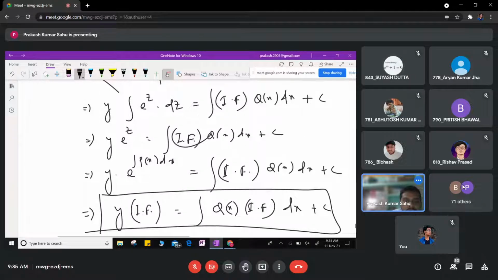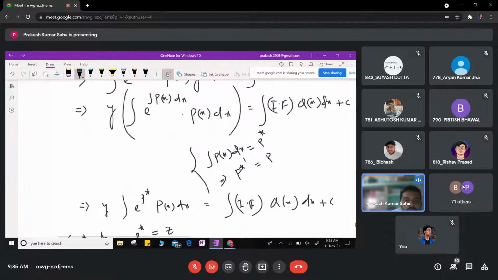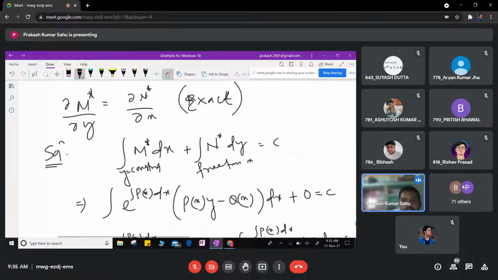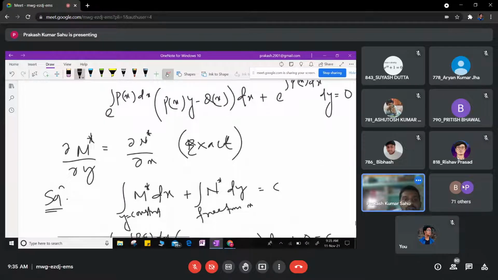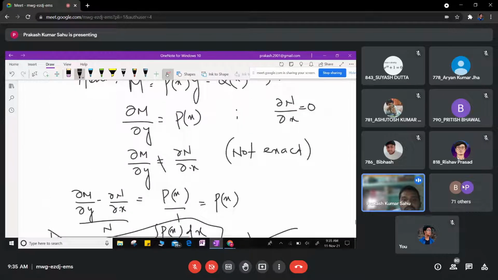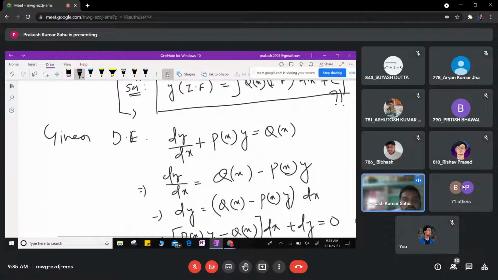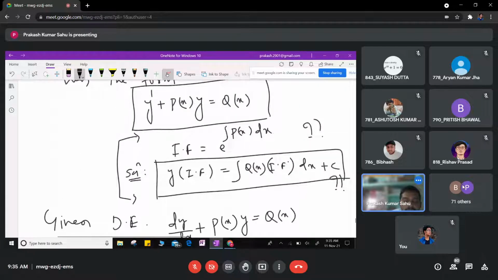Okay, so now your previous formula, you already know these things, that is the solution of a linear differential equation. This is your integrating factor and this is your solution. These two are correct and we derived these things from the exact differential equation by the exact formula. Got it?